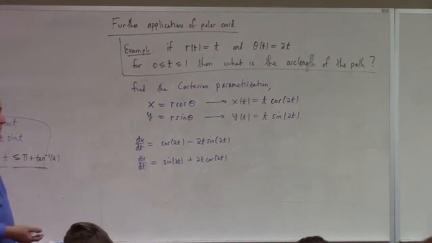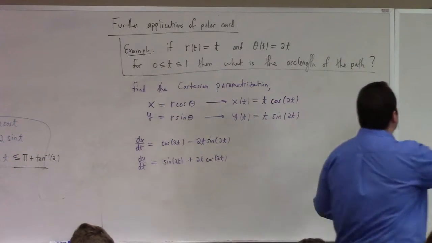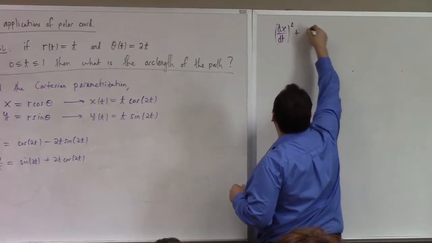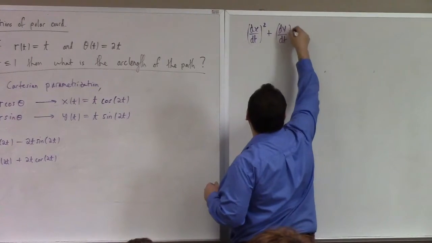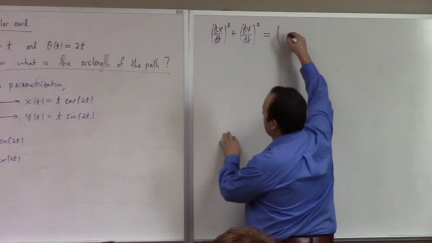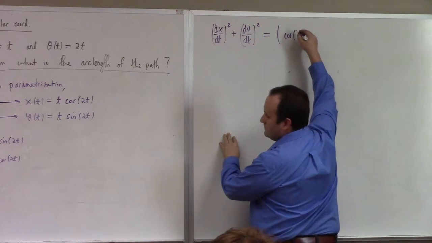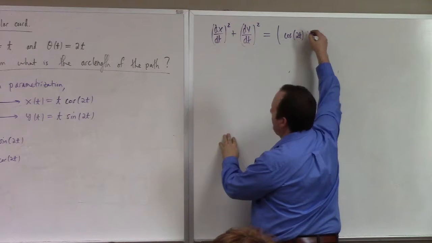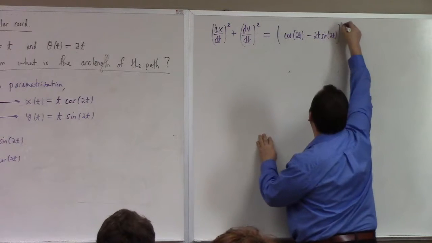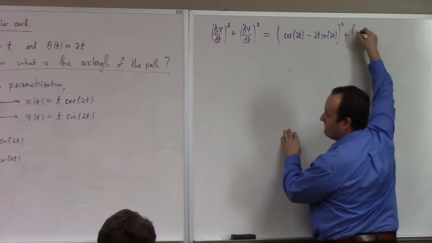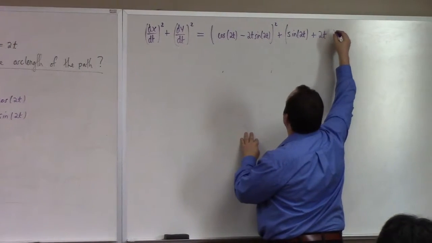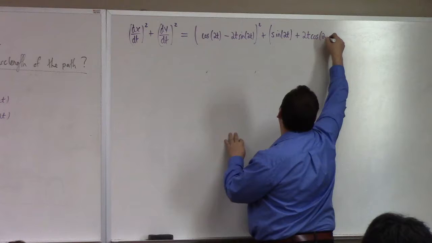I square these, right? So what's (dx/dt) squared plus (dy/dt) squared? Something nice happens, right?